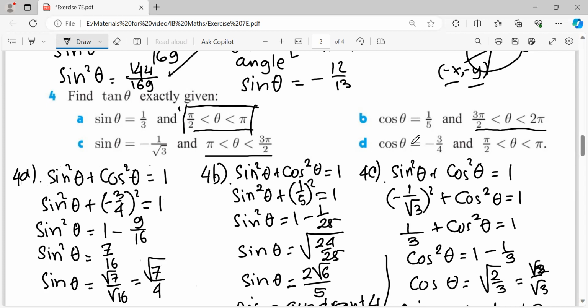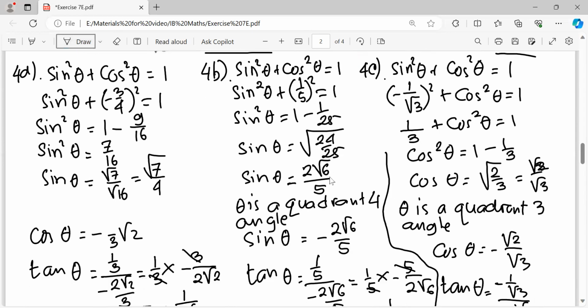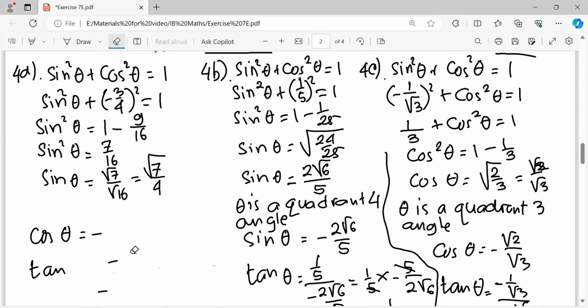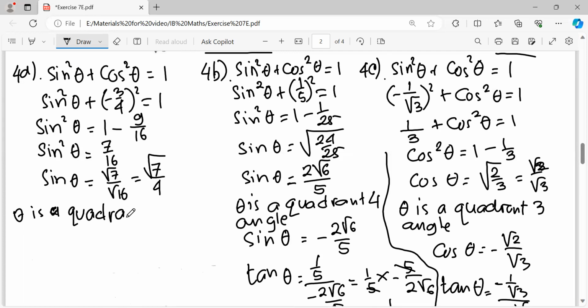Based on this information, theta is a quadrant 2 angle.